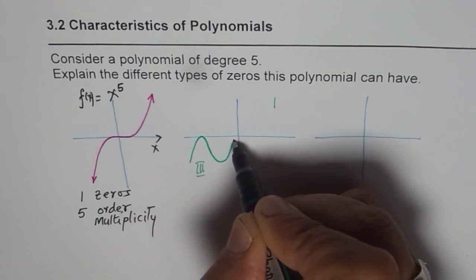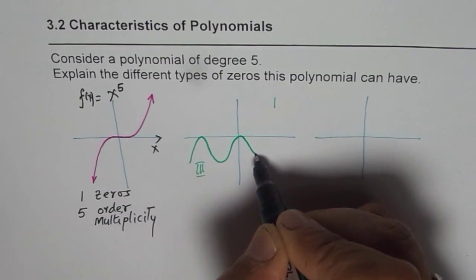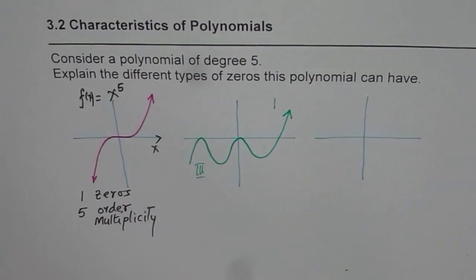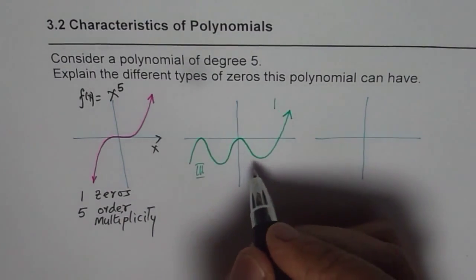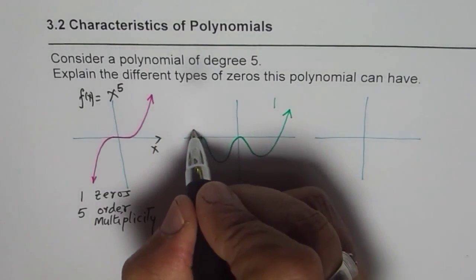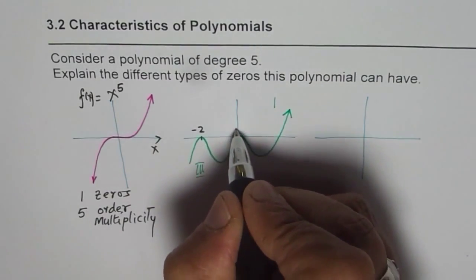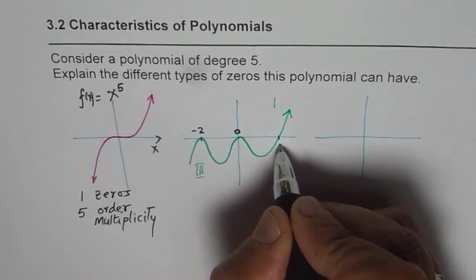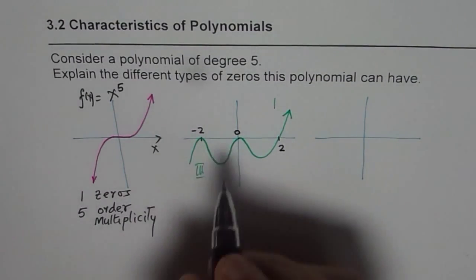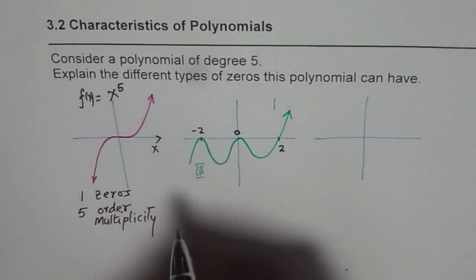And then again it turns, right? And then finally it moves away. Now in this particular case, we have 3 zeros, right? Let us say this zero is at minus 2, this zero is at 0, this zero is at, let us say, plus 2.